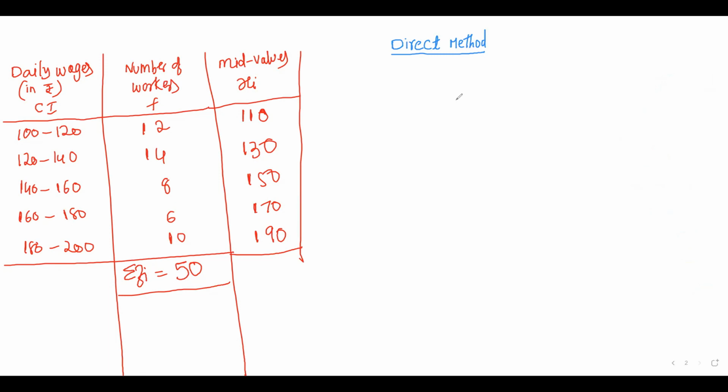Now in the direct method you have to multiply fi into xi. So start multiplying. Quickly tell me the answers. 12 110s are 1320.